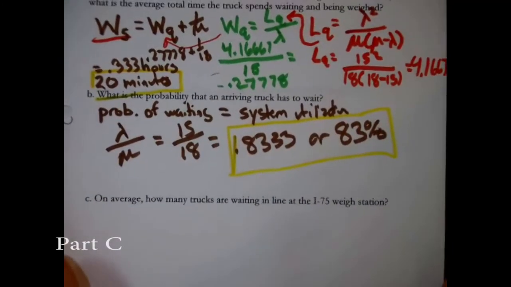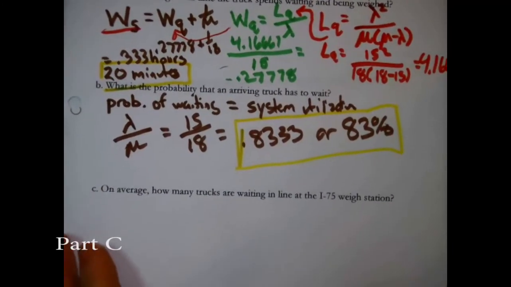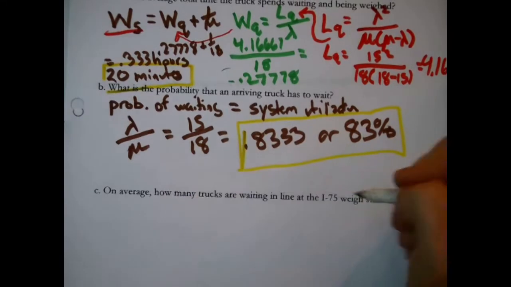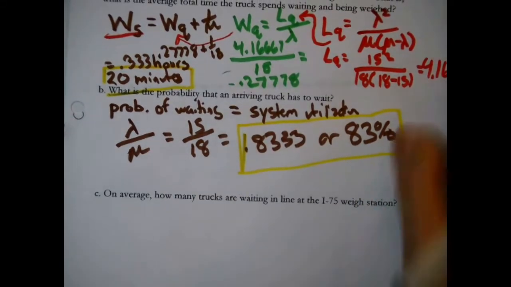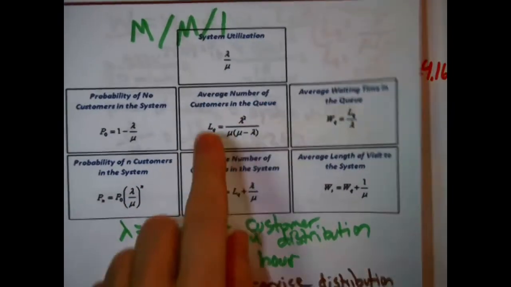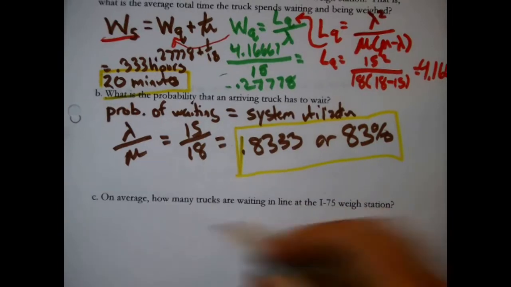On average, how many trucks are waiting in line at the I-75 workstation? Way station, workstation. Wait a minute. We have a formula for that. That is average number of customers in the queue, LQ. That is a description of how many trucks are waiting in line.